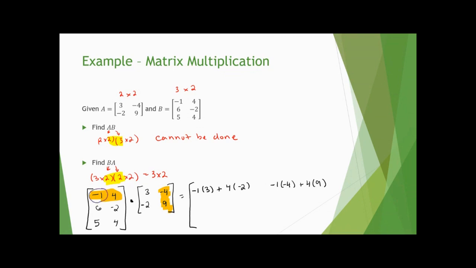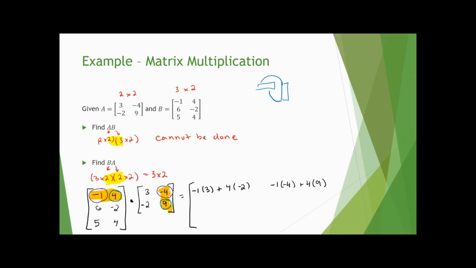So take this -1, multiply it by that -4, and then you have this 4 by 9. That's how they kind of work. You're just kind of matching these things together and matching those things together, if my picture makes any difference at all.